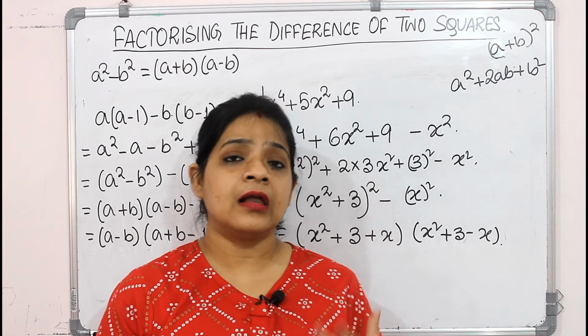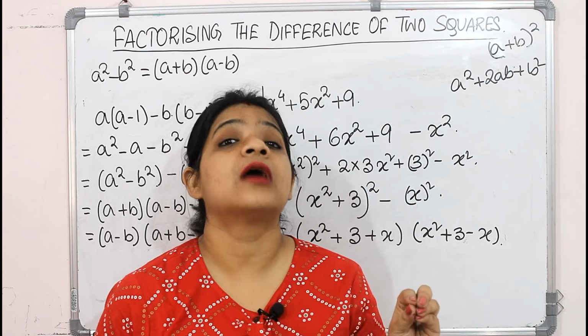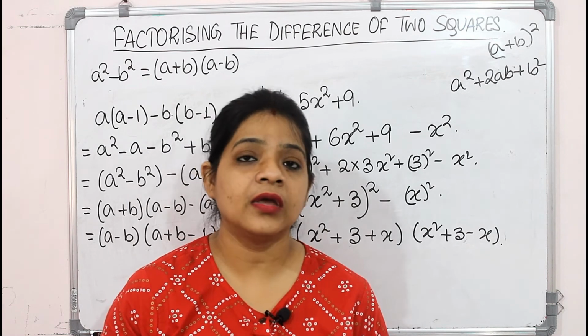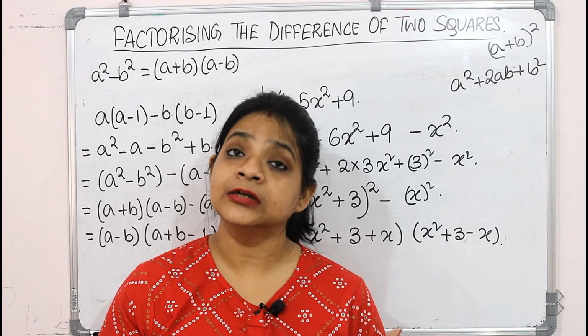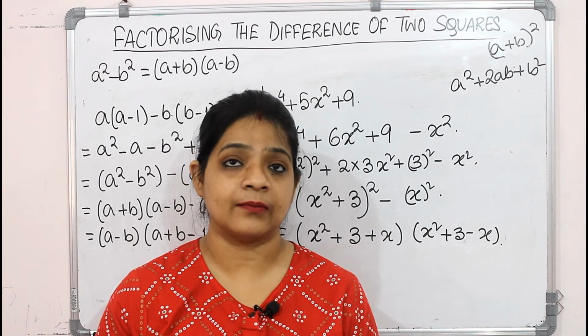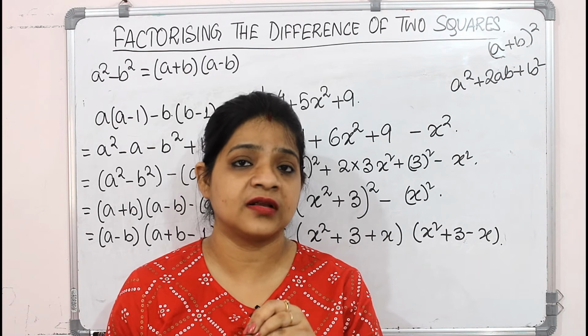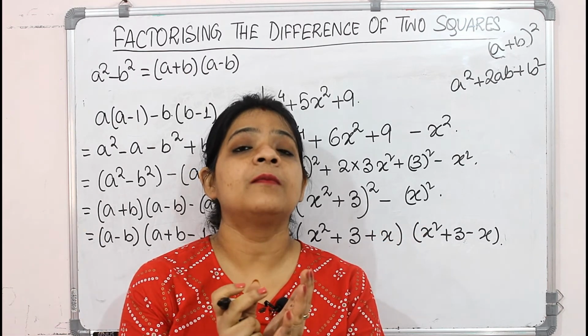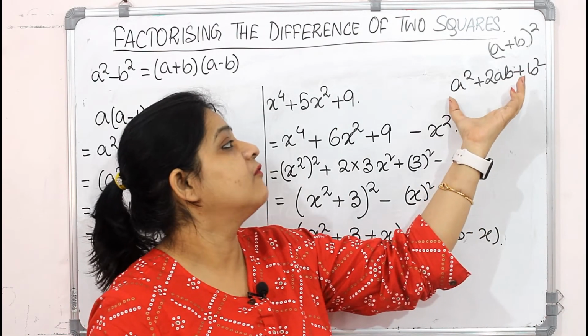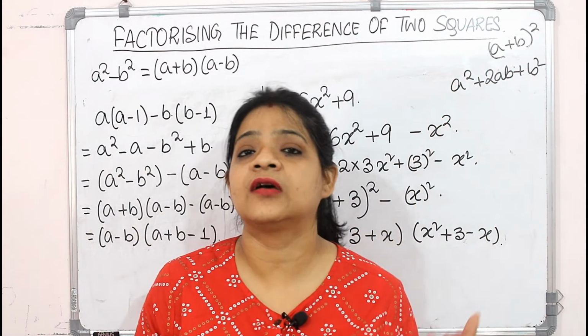Next, you have to take some term common in order to get the perfect squares. And in the third set of sums, you have to add and subtract something in order to make it a perfect square. Means you have to somehow express the term in the form of a square plus twice ab plus b square.